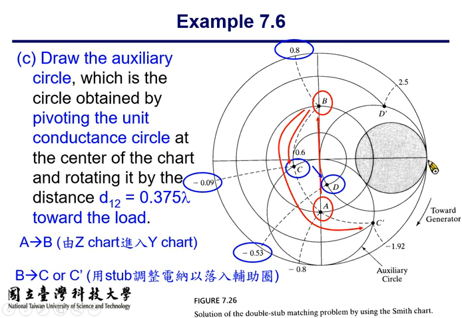Because a shorted stub will provide a large negative susceptance. So for -2.72, it's probably somewhere over here. So the length is about 0.06 wavelengths, I guess.